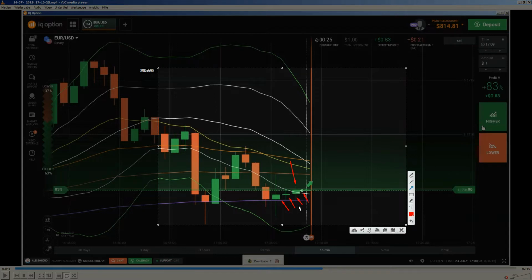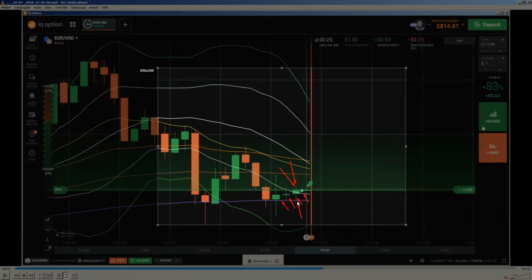We are still at this key level. You see how price stops all the time exactly on the support and resistance level, but this candle now is showing me that we still have buying pressure. It's a small pin bar, and the pin bar is showing buying pressure in this case.